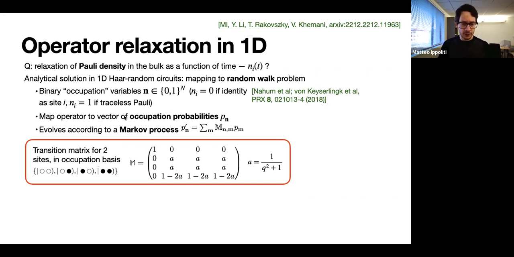We can map any operator into a distribution over these occupation configurations by simply summing the squares of all the coefficients in a Pauli expansion that match this pattern. And it turns out, from, for example, these papers, that these probabilities evolve according to a Markov process over time.